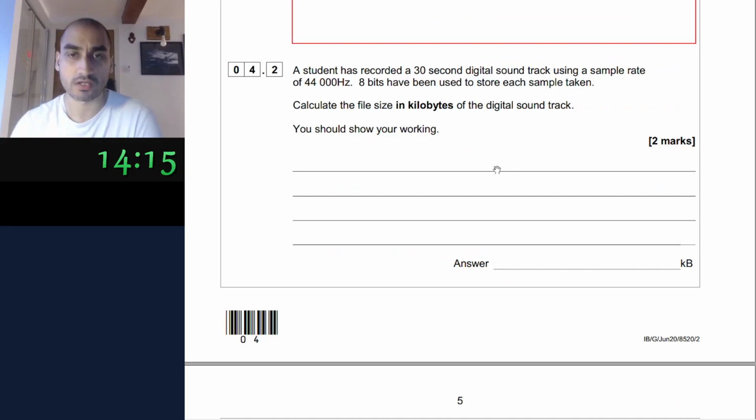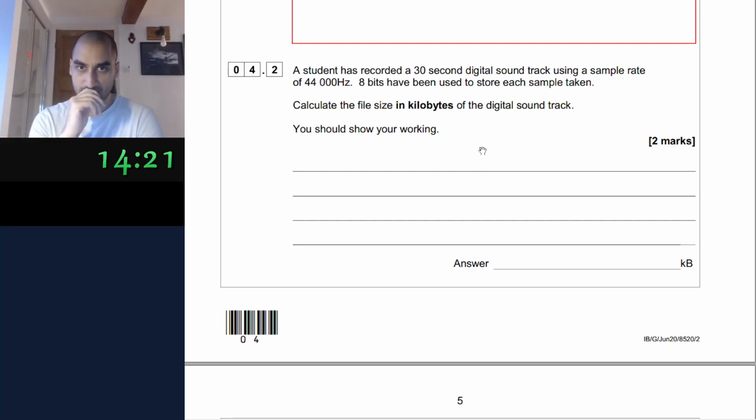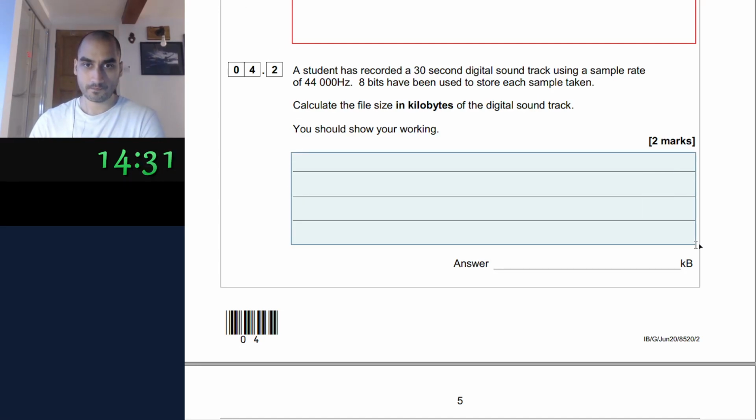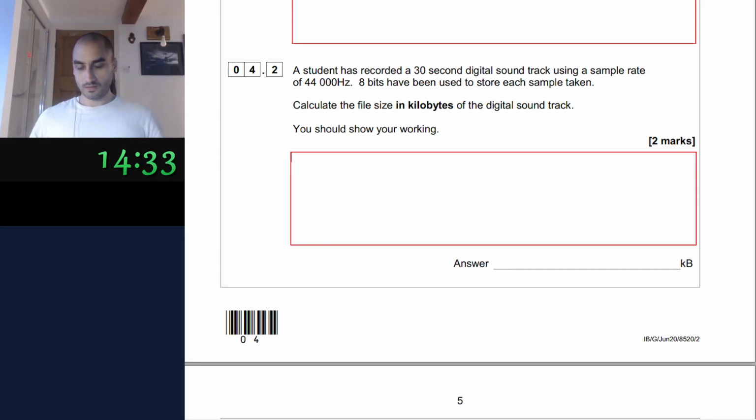A student has recorded a 30-second digital soundtrack using a sample rate of 44,000 Hertz. 8 bits have been used to store each sample taken. So it's 30 seconds, 44,000 Hertz frequency, so 44,000 times per second.